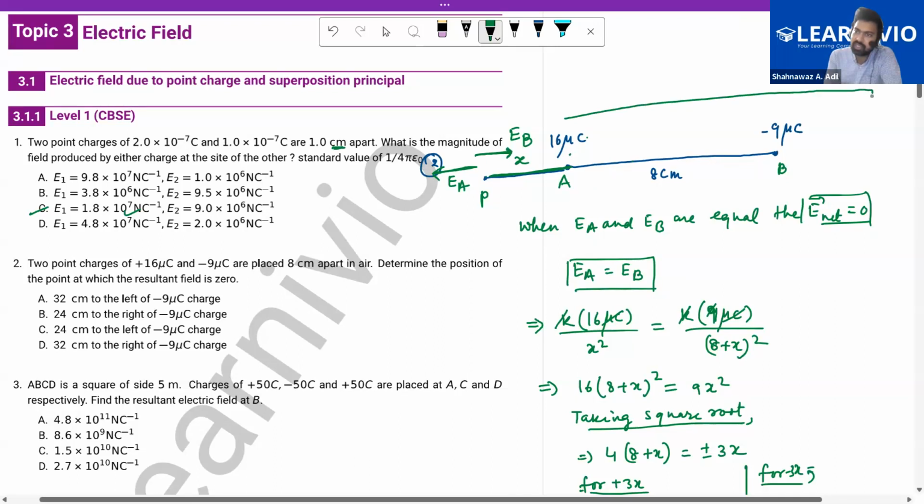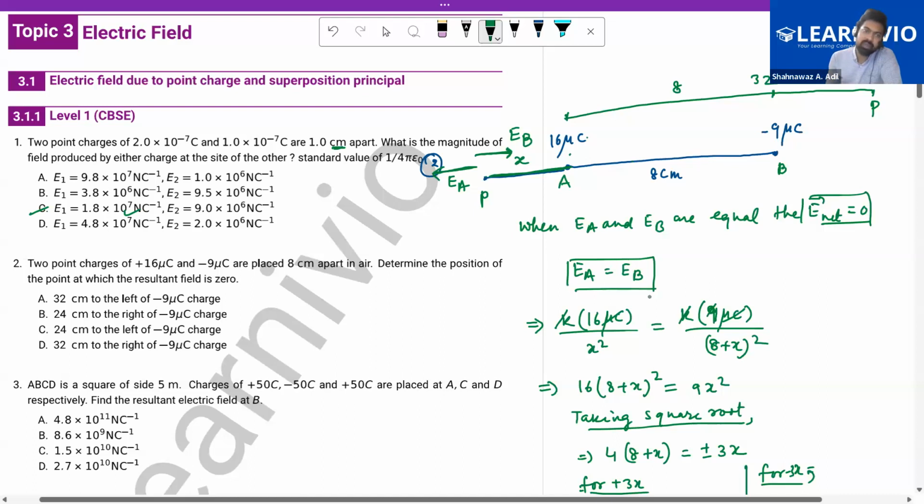So this is somewhere here. This is point P, and that is 32, right? So from here to here, that is 8. So B to P, BP would be how much? 24, right?